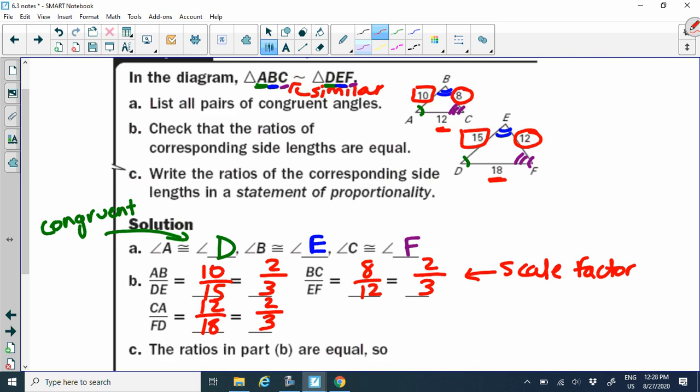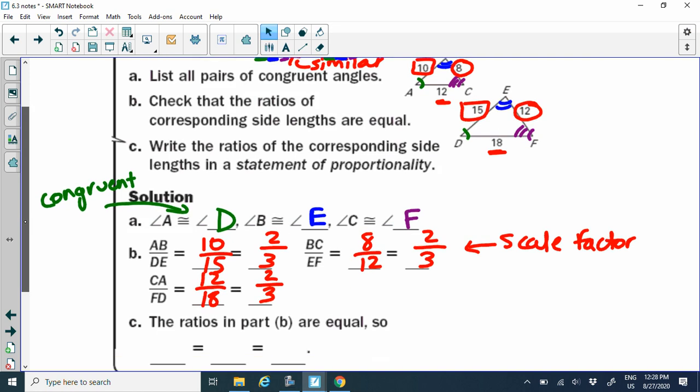If one of these did not have the same one, then these two would not be similar polygons. So be careful. Now, if they're telling you that the triangles are similar, then you have to be careful that each thing is the same. Otherwise, if they're just asking you to determine if they are similar, it is possible that the polygons are similar or they might not be. But we'll talk about that in a little bit.